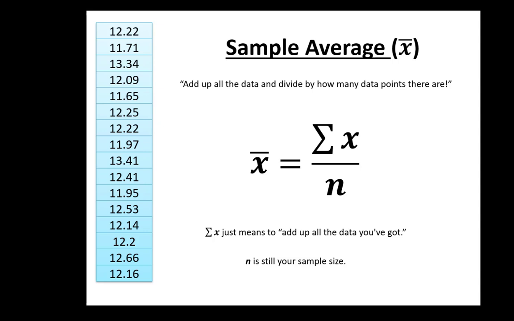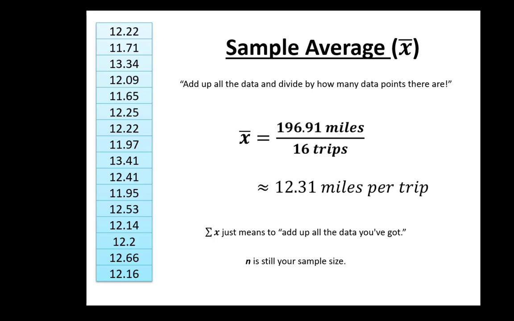Now for this particular data, if I add up all those data points, I get 196.91 total miles. And if I divide that by the 16 trips that are indicated, I get an average of 12.31 miles per trip. Now, I am not going to make you add up those 16 numbers and then divide by 16.